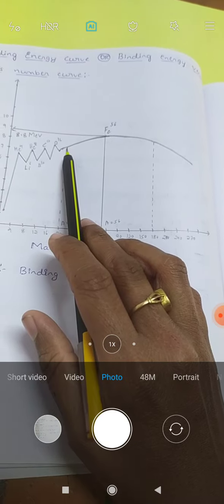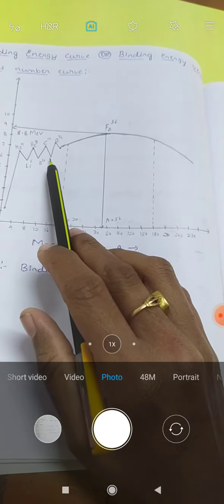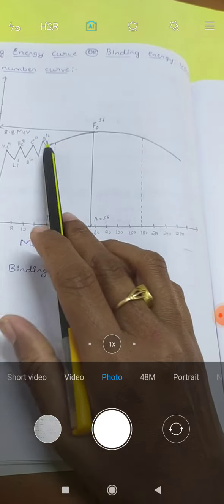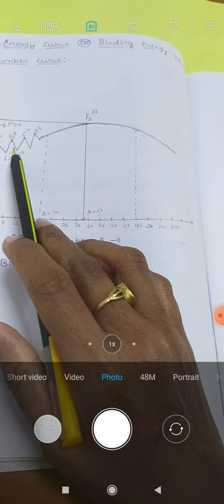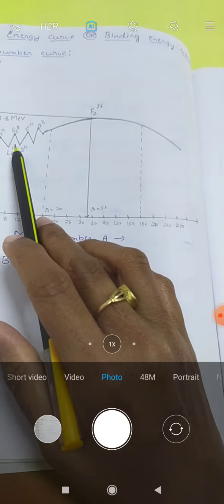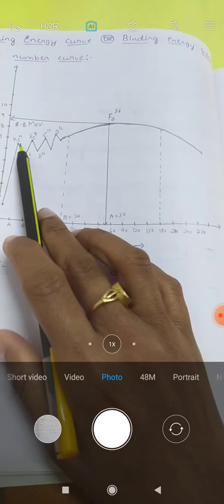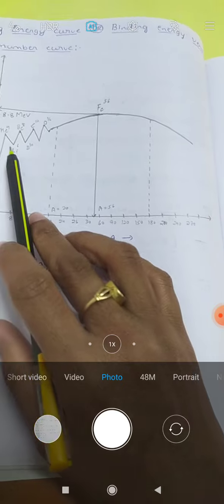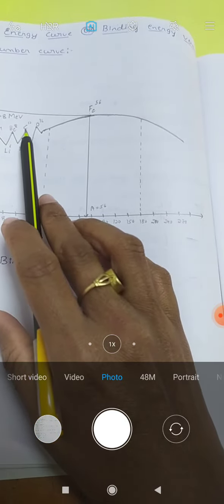the curve contains some peaks, corresponding to several atoms. The first peak corresponds to helium, the next beryllium, carbon, oxygen.